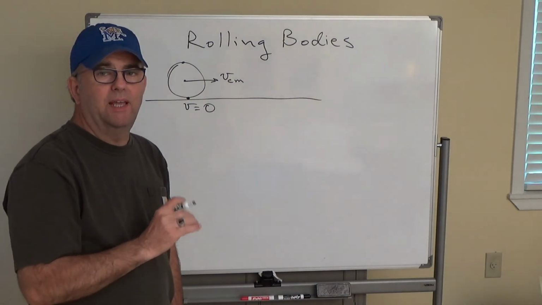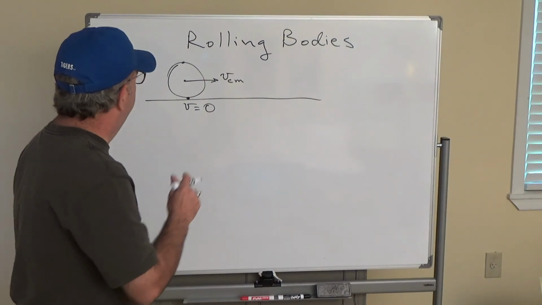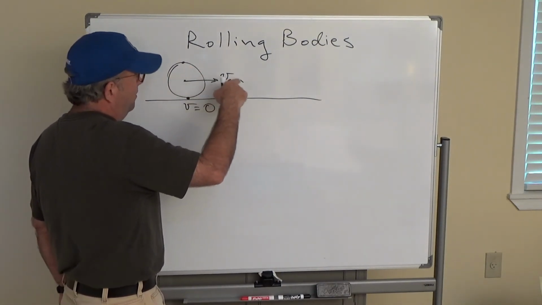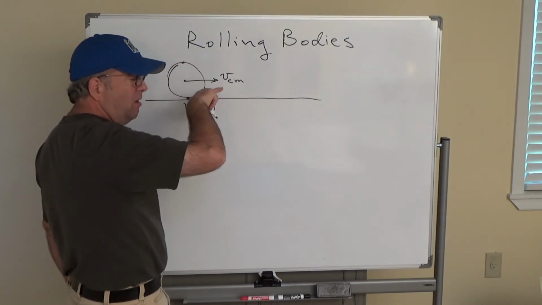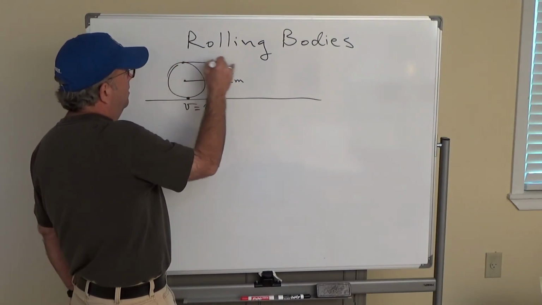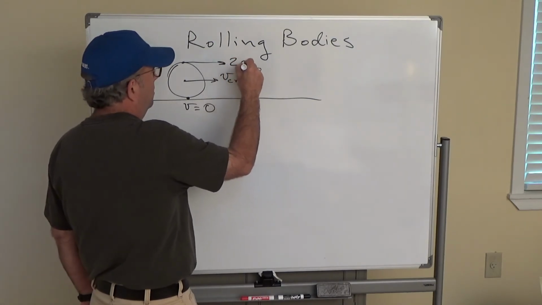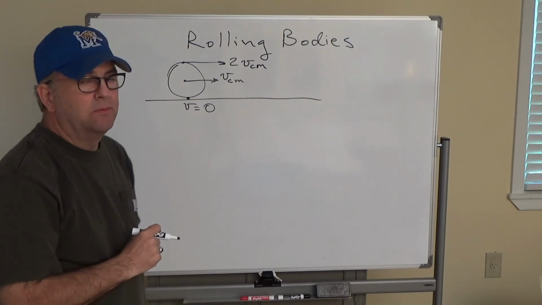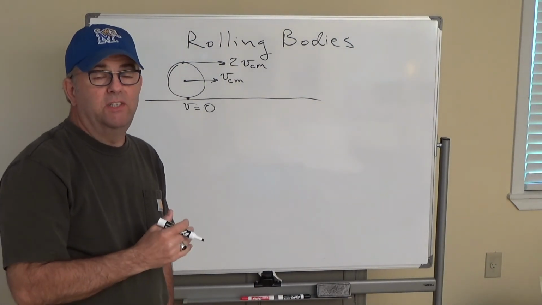Okay? It is stationary. The point at the top, because of V center of mass and because of R omega, this is going 2 times V center of mass.